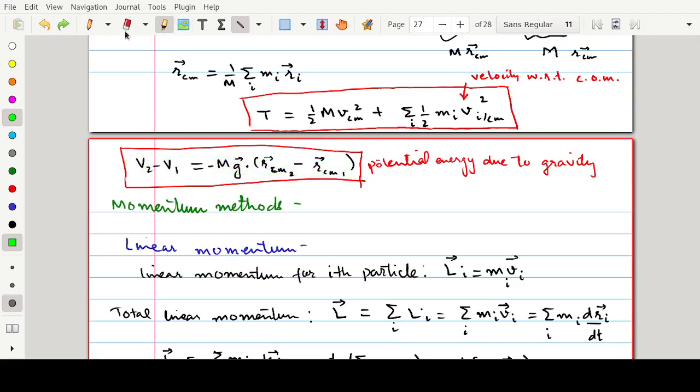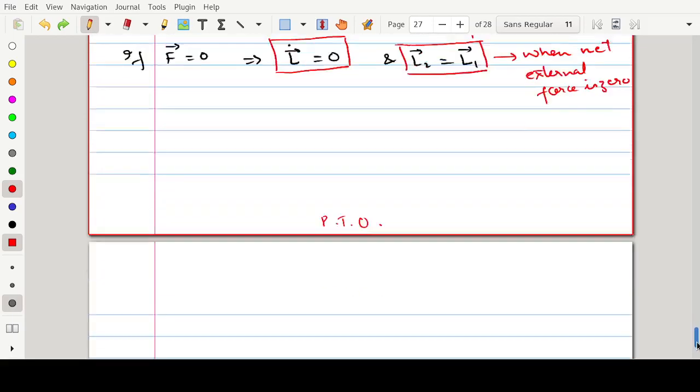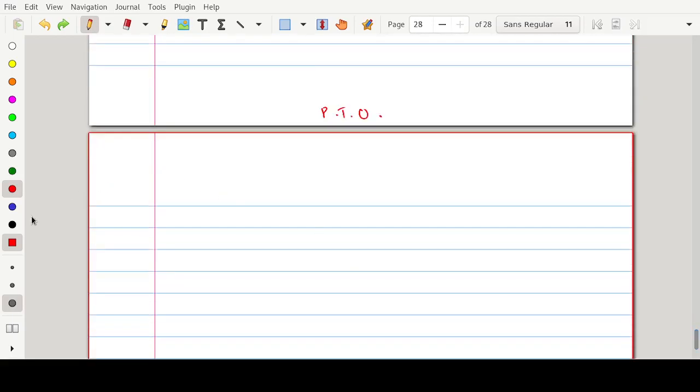Now let us come to the angular momentum part. So for defining angular momentum of a system of particles, let me draw a schematic diagram.